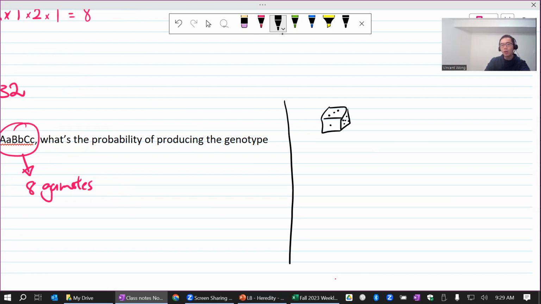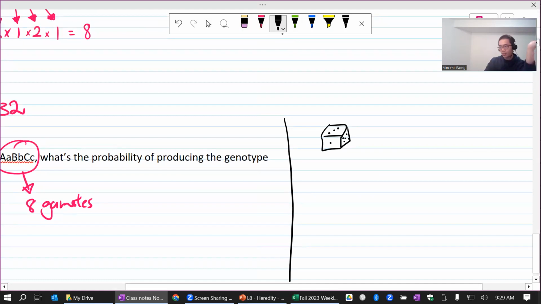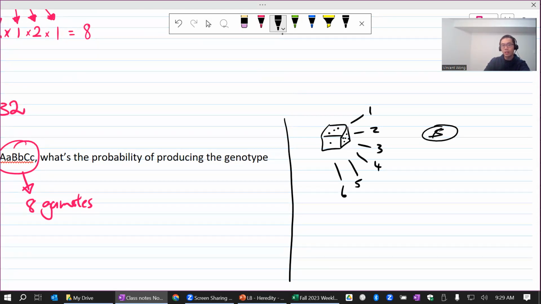How many different outcomes for rolling a dice? 6. That's right. 1, 2, 3, 4, 5, 6. Here's a coin. If you flip a coin, 2 outcomes, right? Heads or tails. So if I ask you for the probability of a 5 and a head.